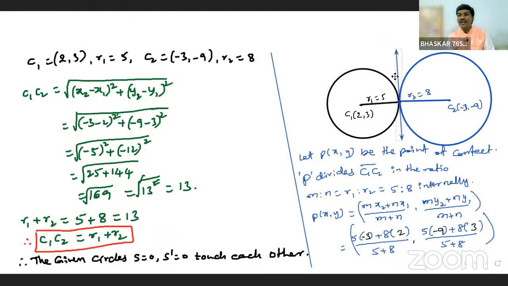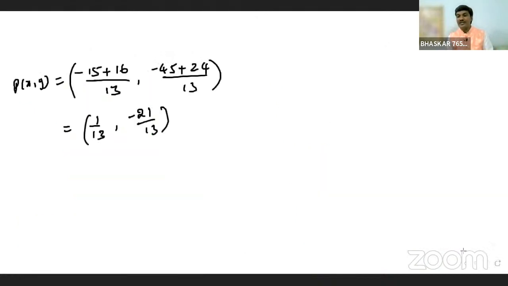If it touches one circle, that is a tangent for that circle. So this is touching both the circles at this point of contact. We have two ways for this: either by using the point, or otherwise S minus S dash is equal to 0.